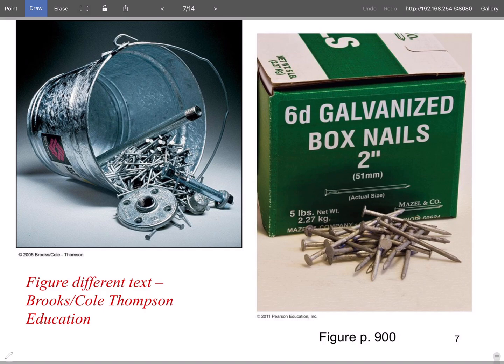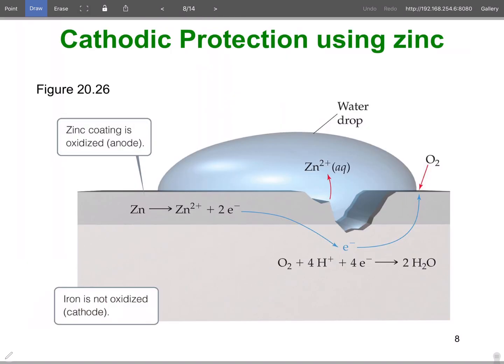Here are galvanized nails that you would use in outside projects. Now in cathodic protection using zinc, you still have your water droplet, but as long as you've got a solid zinc surface, then it can't get to the iron to cause the oxidation. The zinc doesn't react as readily, so it'll protect it.